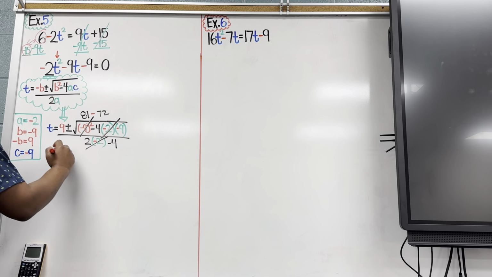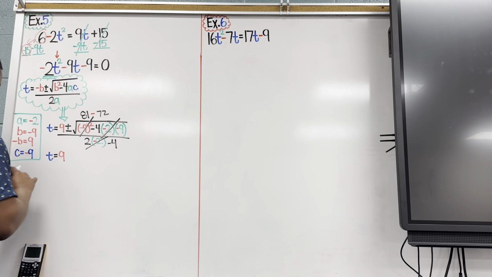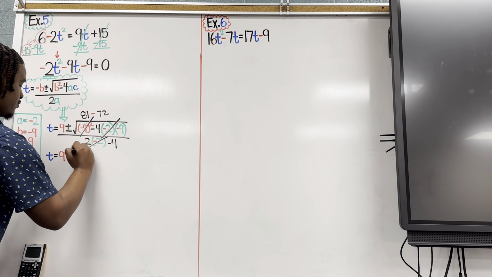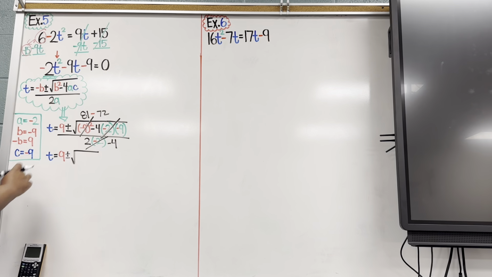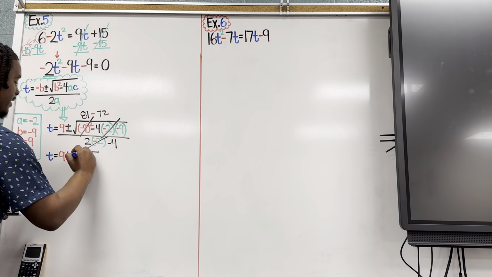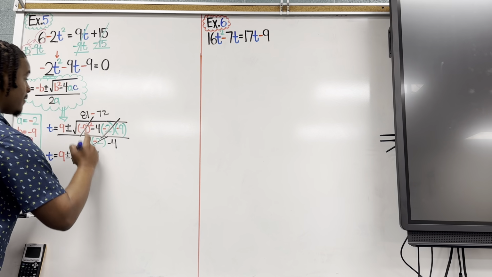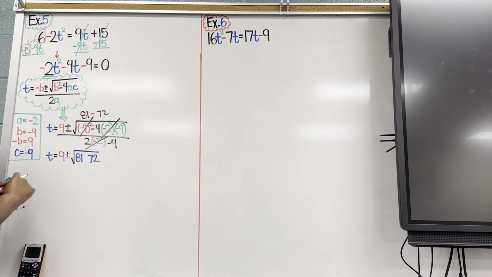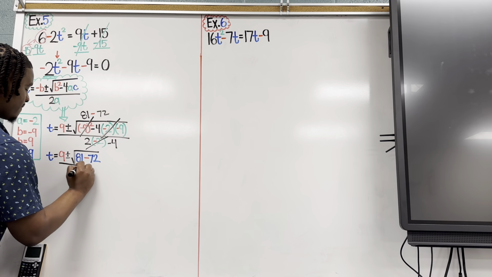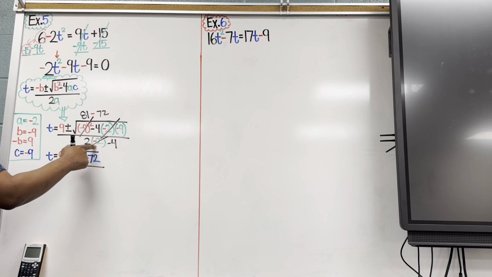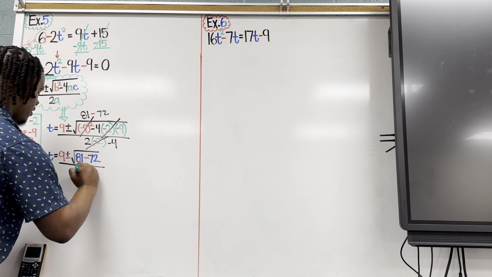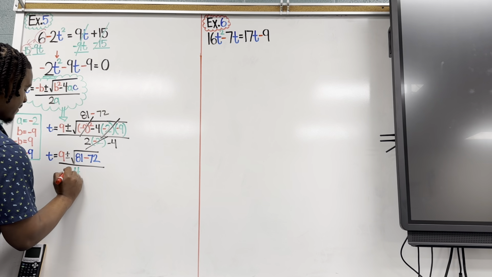So I still got 9 plus or minus the square root of, and inside we have 81 minus 72, all divided by 2 times negative 2. Once again, that's negative 4. So it's all over negative 4.